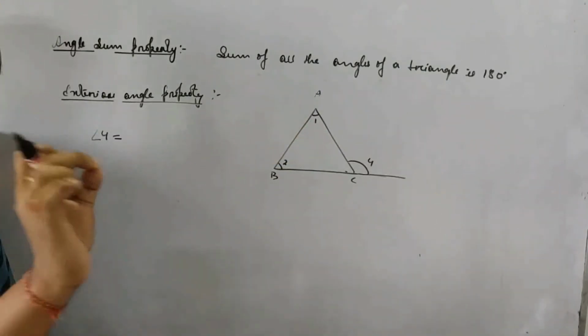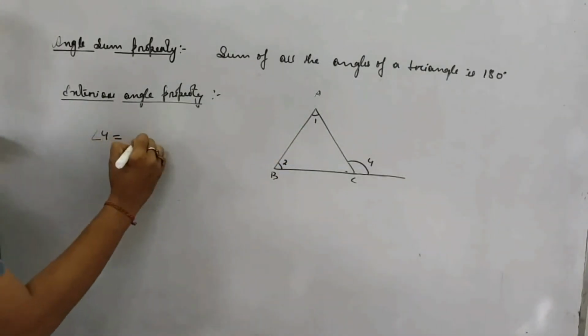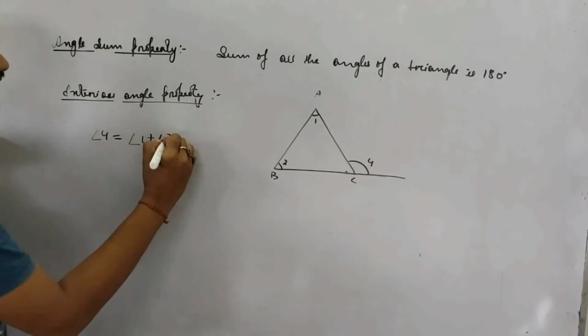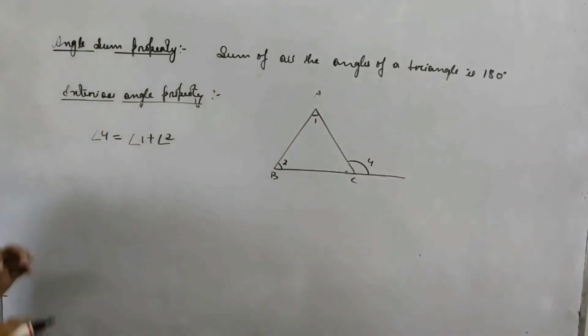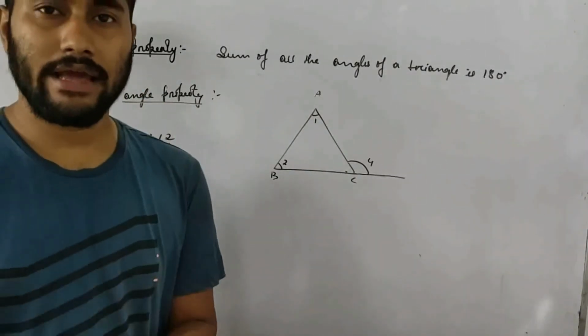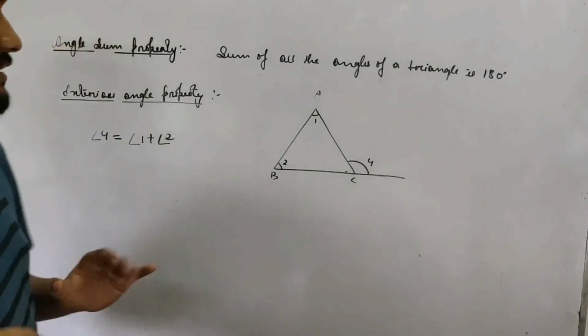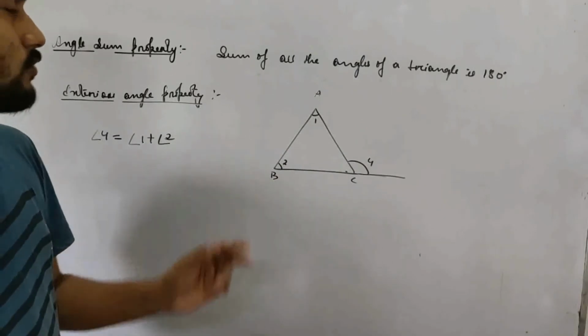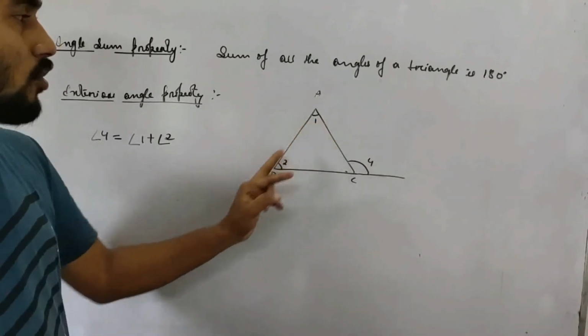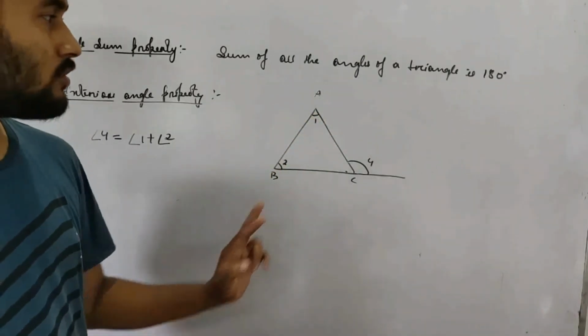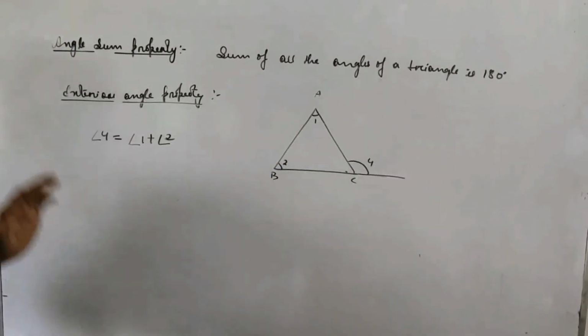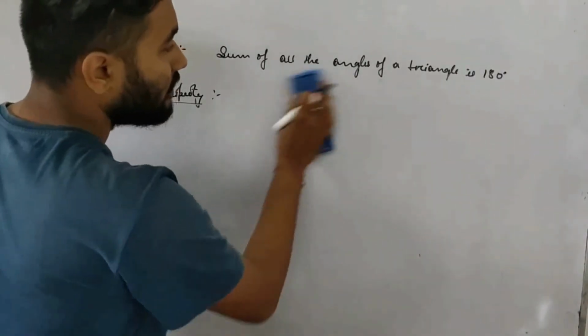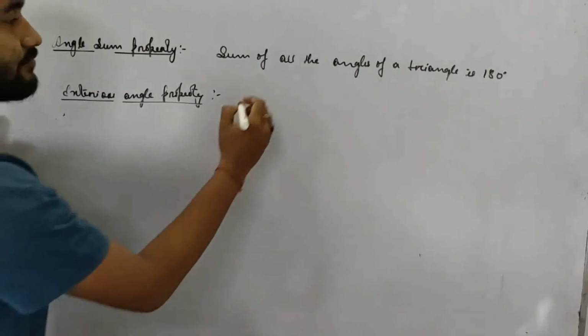So remember the property: angle 4 will be equal to angle 1 plus angle 2. This is the exterior angle property, that this exterior angle is equal to the sum of the remote interior angles.